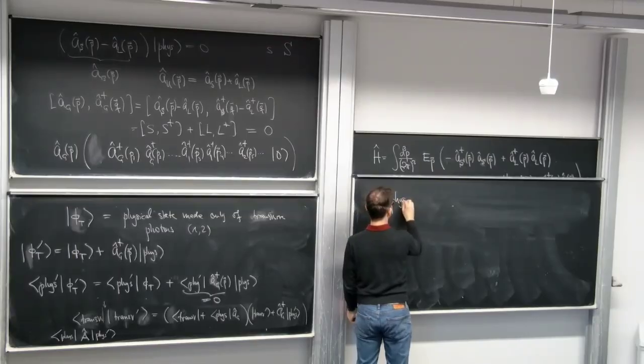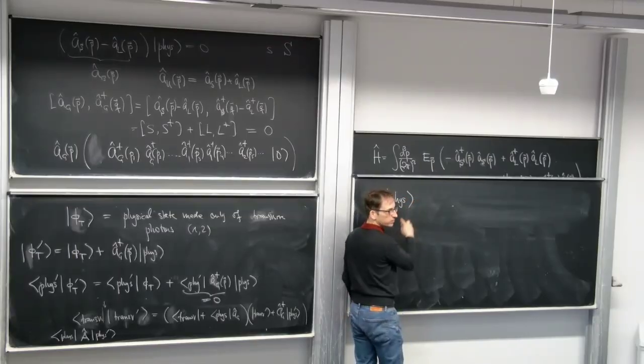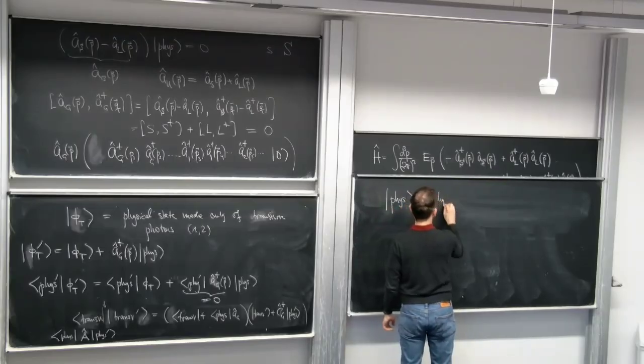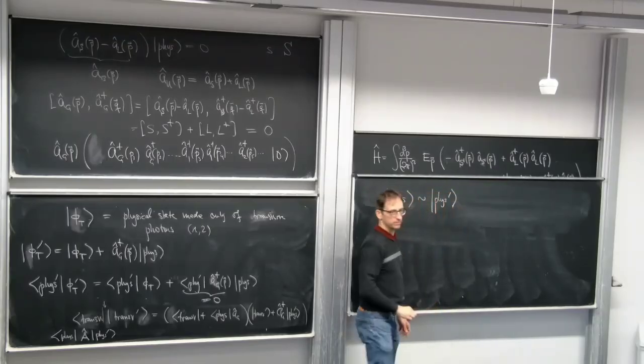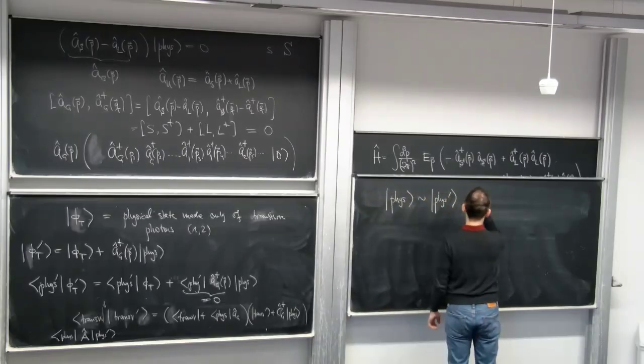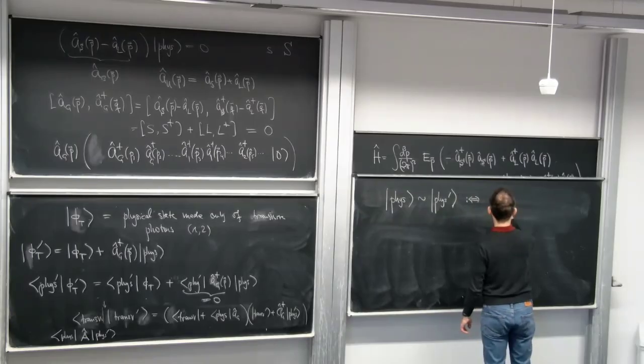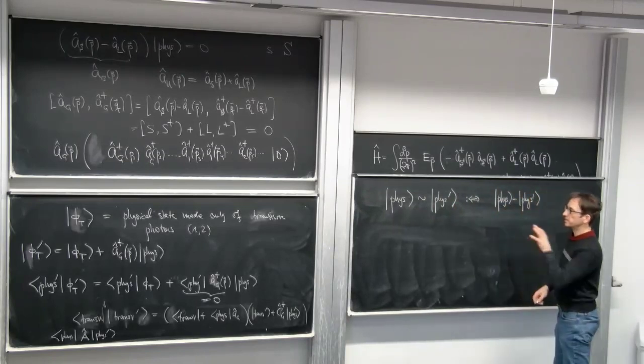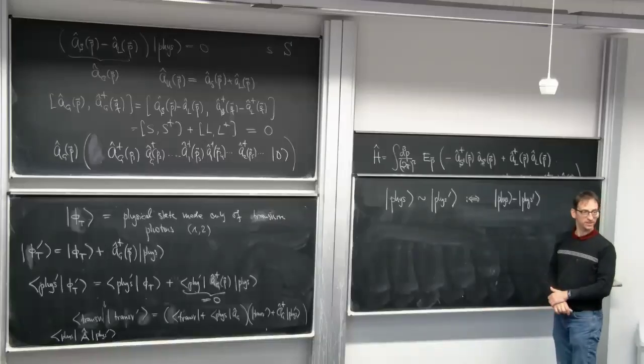So a physical state is equivalent to a physical state prime if and only if the difference, phi phys minus phi phys prime, is one with a G excitation.